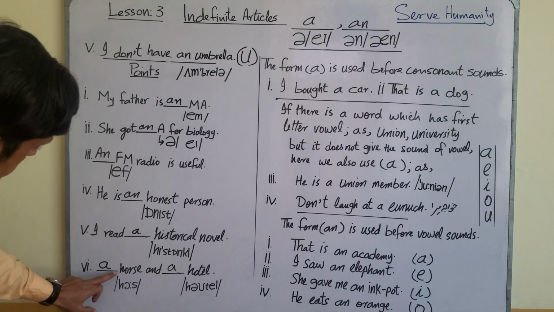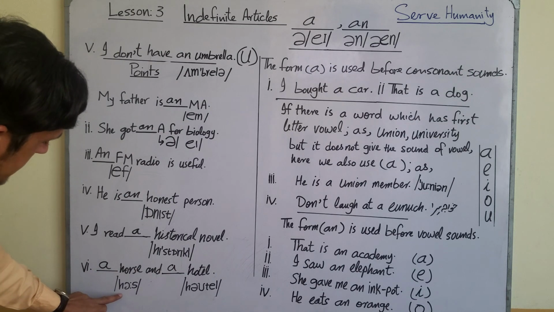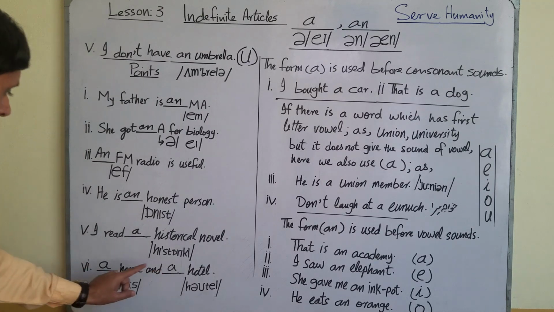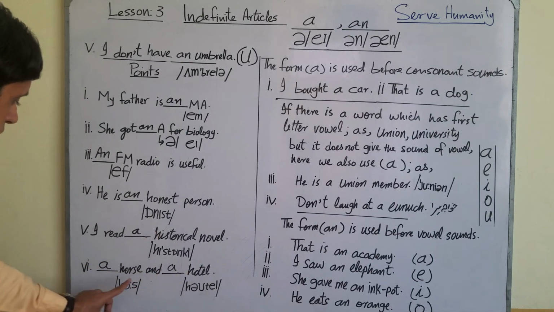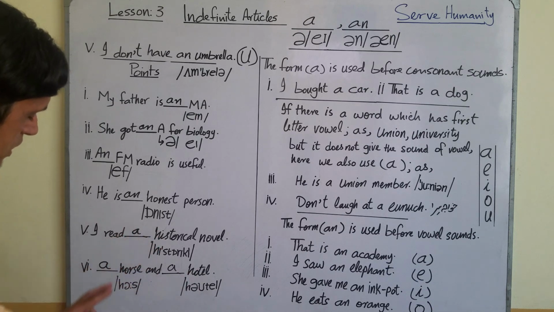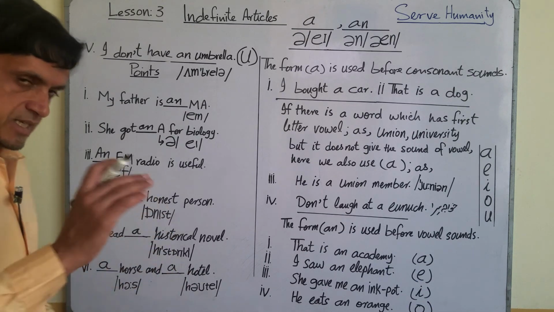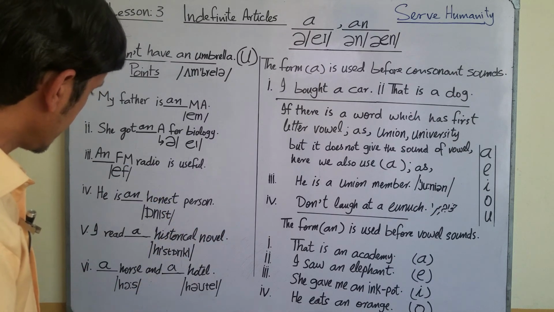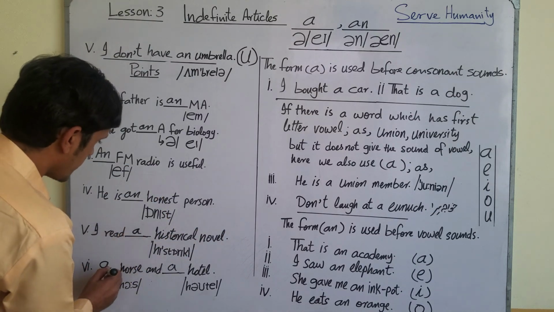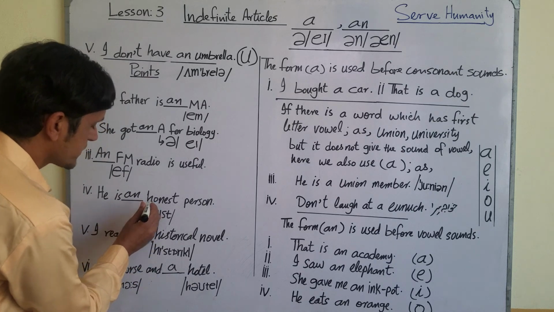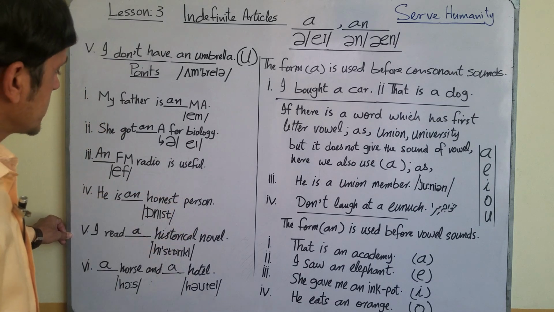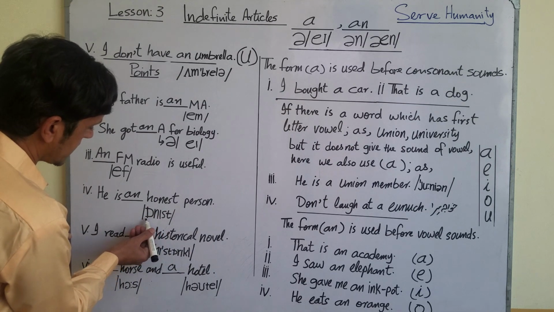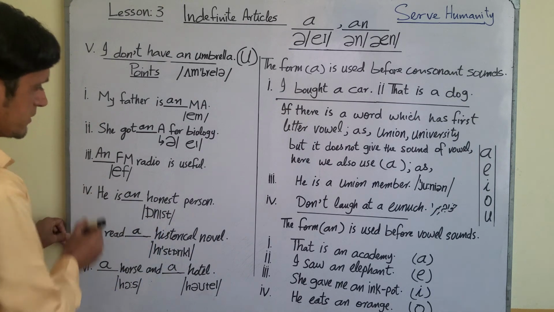In historical, hotel and horse, in all these three words, H is a consonant and gives its original sound, so that's why we write a here. But in honest it does not give its original sound, it is silent, and its phonetic form has no H, that's why we write an.